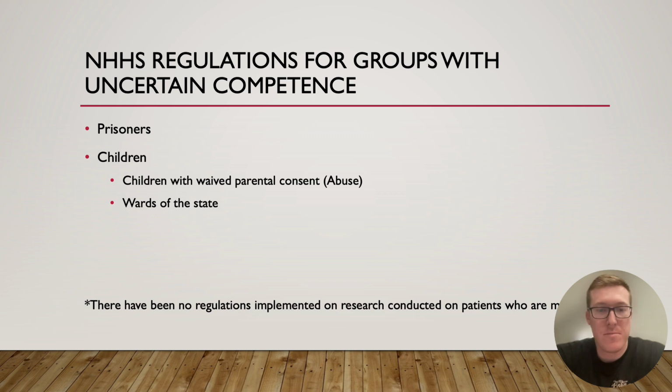Also children, and this includes children with waived parental consent due to things such as abuse, and wards of the state. However, there have been no regulations implemented on research conducted on patients who are mentally infirm.